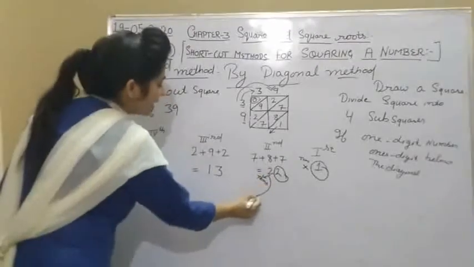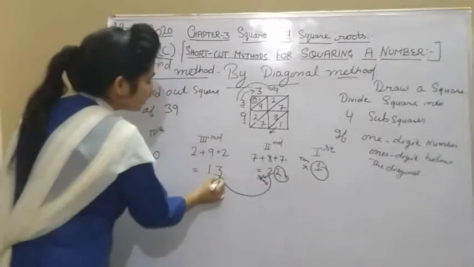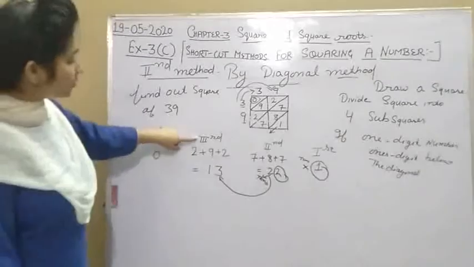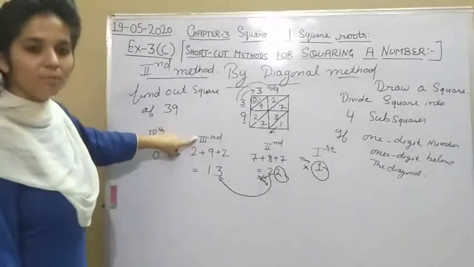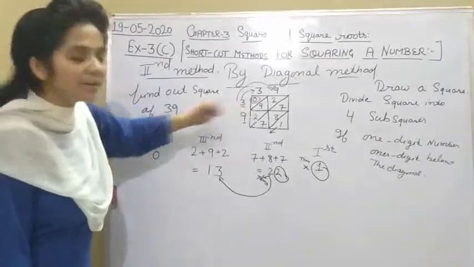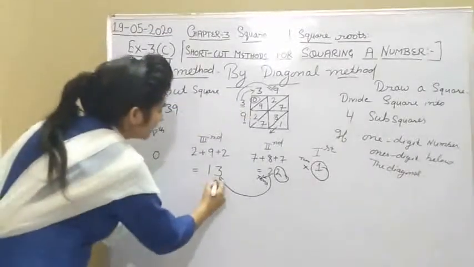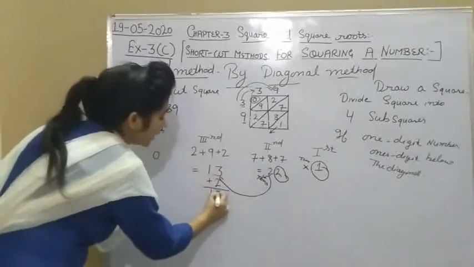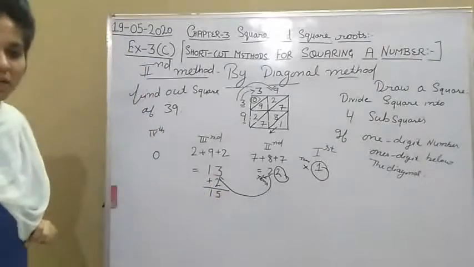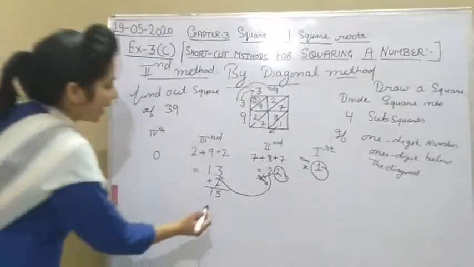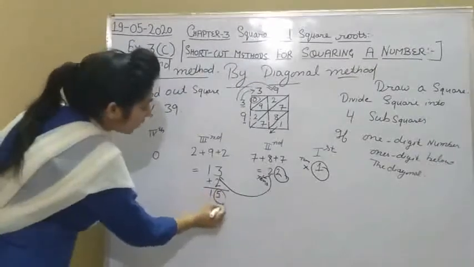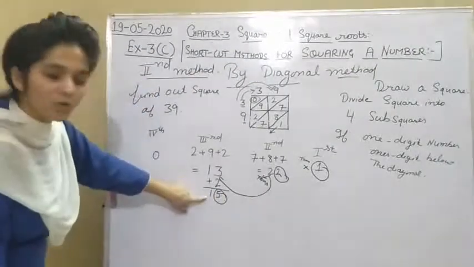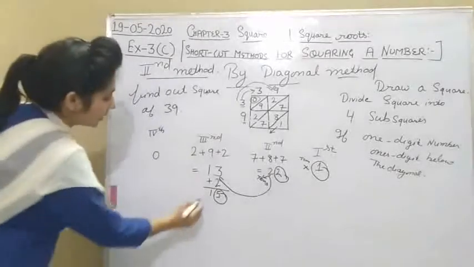Give the carry to the third column of the given diagonal, that is 2. 13 plus 2 equals to 15. Again, circle on the ones digit. Now your tens digit is 1.